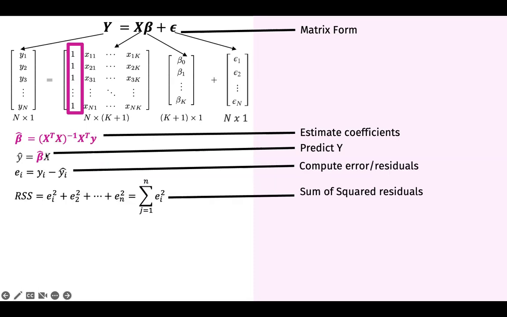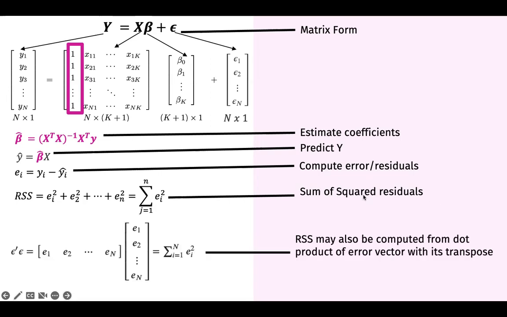Okay, and now in order for us to evaluate the predictions, we can compute the error or the residuals, which is simply the difference between the actual y sub i and the predicted y sub i hat. And in order for us to get the sum of the squared residuals, we simply take the error for each point, square it, and take the sum. And that is why it is called the SSR, or the sum of squared residuals.